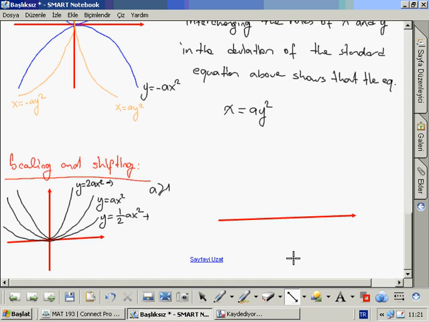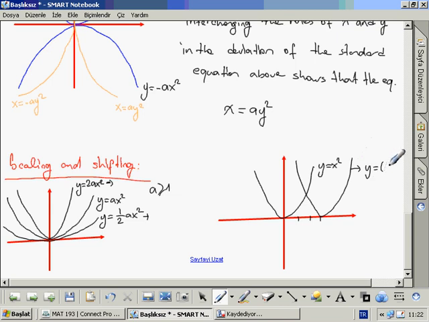And let's talk shortly about shifting operations. For example, this is the y equals x squared parabola. When you want to shift it by 3 to the right, this will be y equals x minus 3 squared.